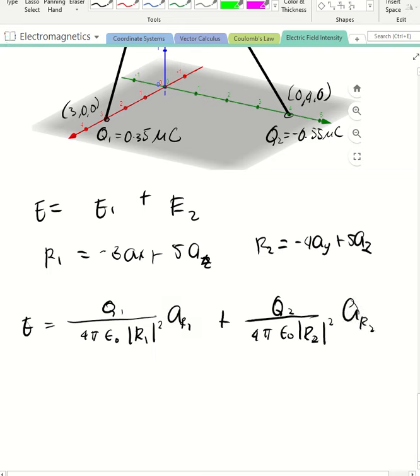So aR1 is equal to R1 over its magnitude, and aR2 is equal to R2 over its magnitude.